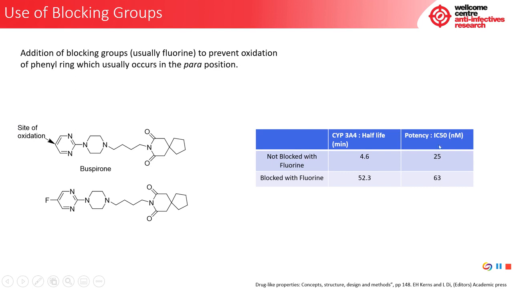In this case, the loss in potency is inconsequential because it's still in the nanomolar range. So you can see that you may gain stability and lose some ground on potency or vice versa. So it's a judicious use of this information that will be helpful in propelling the compounds forward towards candidacy.